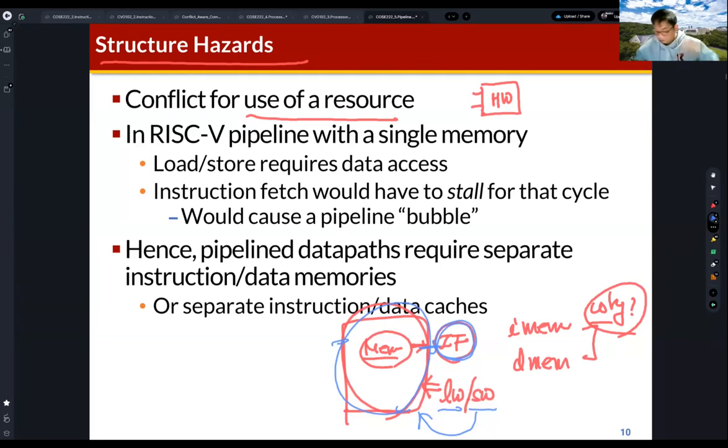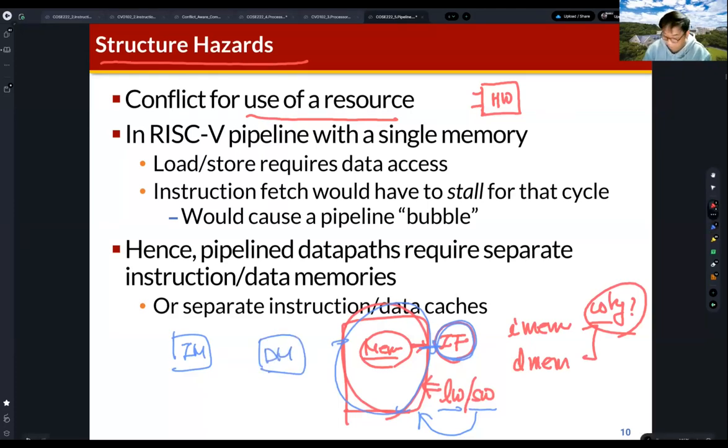So in this case, when load word or store word is executed, the clock cycles can be wasted if we just use one memory, right? Because the memory is already occupied for instruction fetch. That's why we separate the memory into two different memories, the instruction memory and the data memory.